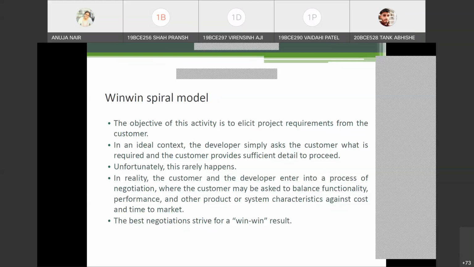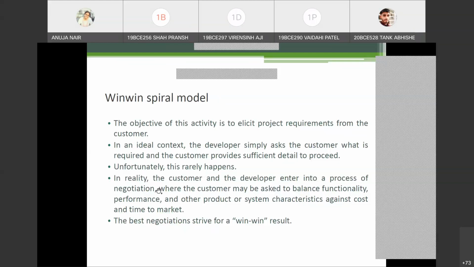But in order to implement that functionality, it incurs more cost, or the performance decreases, latency increases, throughput decreases. So overall, the quality of the product is reduced. That is why you need to negotiate. You need to make the customer understand that if I implement this functionality, such things are going to happen. That is called negotiation, right?